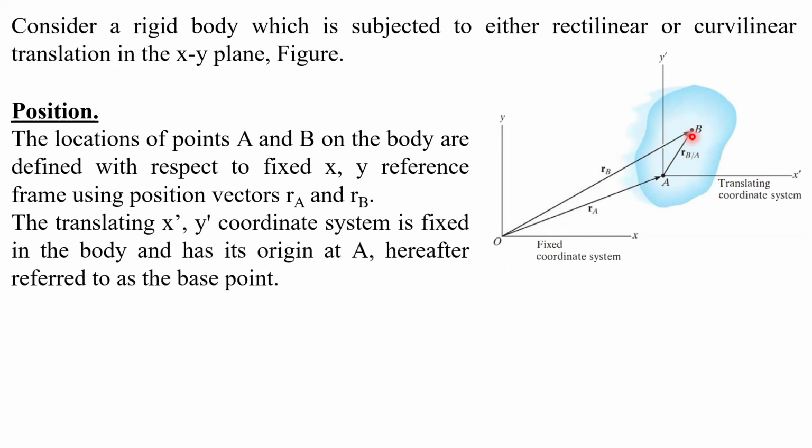The translating coordinate system, X prime, Y prime, is fixed in the body and has its origin at A, hereafter referred to as the base point.